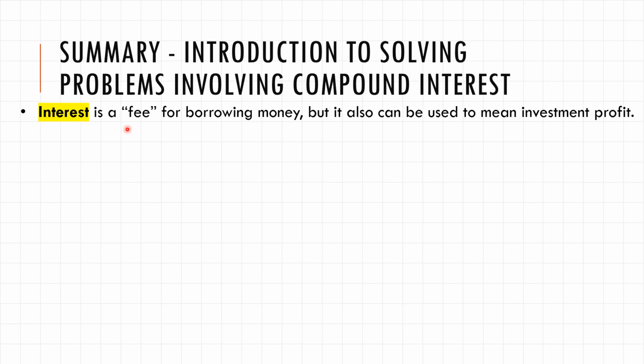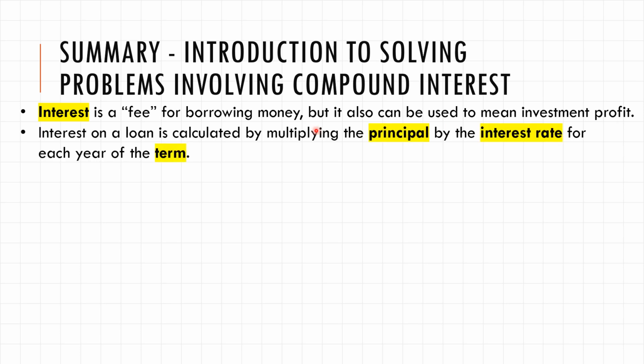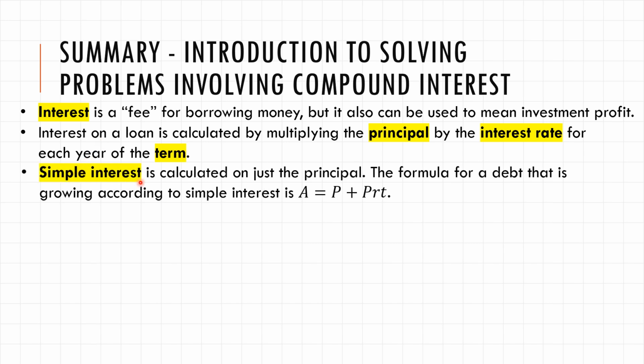So interest is a fee for borrowing money, but it can also be used to mean investment profit. Interest on a loan is calculated by taking the principal and multiplying it by the interest rate for every single year of the term. When we talk about simple interest, it is just calculated on the principal.